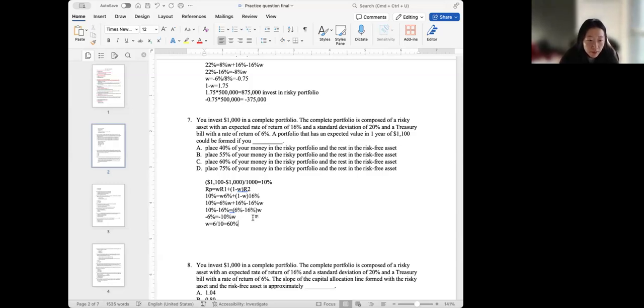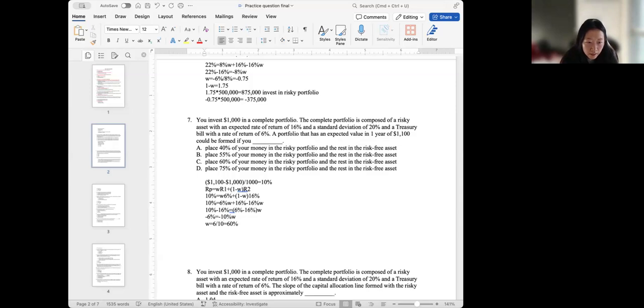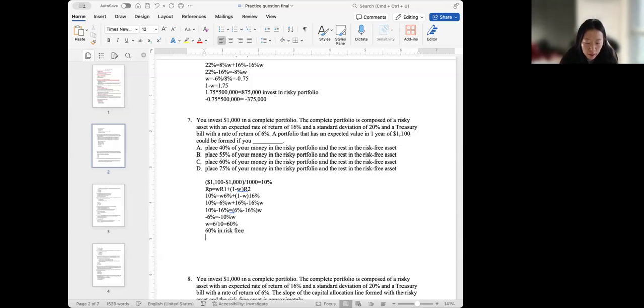So we need 60% in risk-free, and 40% is 1 minus 60% in the risky portfolio.